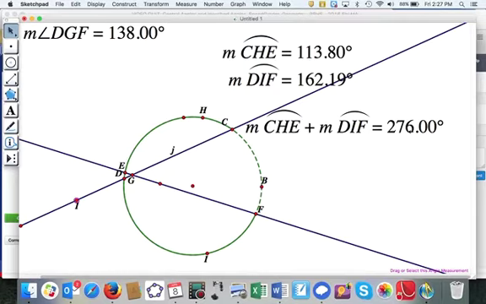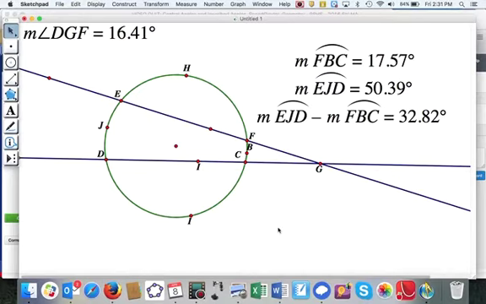And I'll have the written version for you in the next part of the video under the document camera, but a conjecture could be that the measure of an angle formed inside of the circle equals half the sum of the intercepted arc of the angle and the intercepted arc of its vertical angle.